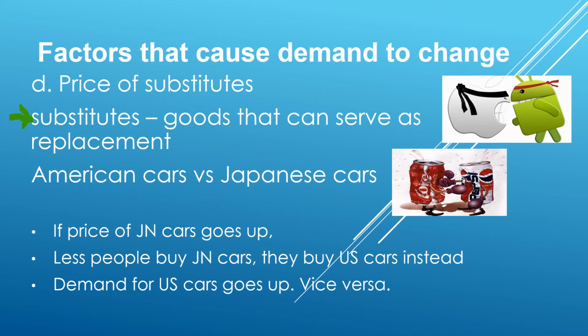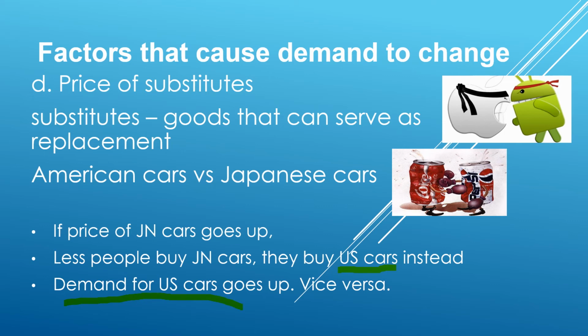So let's take a look at this example below. If the price of Japanese cars goes higher, when you are considering buying a car and you see the Japanese car price goes higher, what are you going to do? You buy American cars instead, right? So because of that, the demand for American cars goes higher.